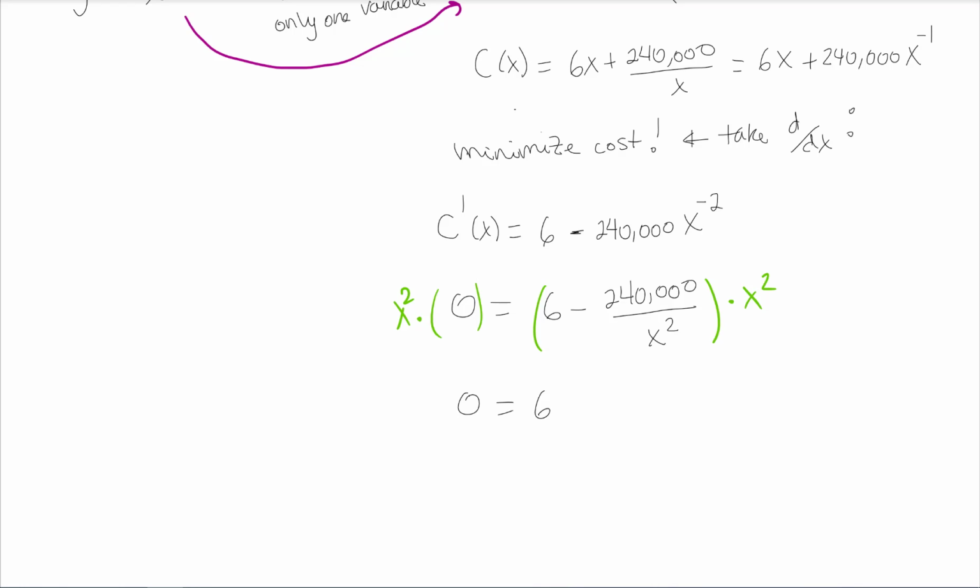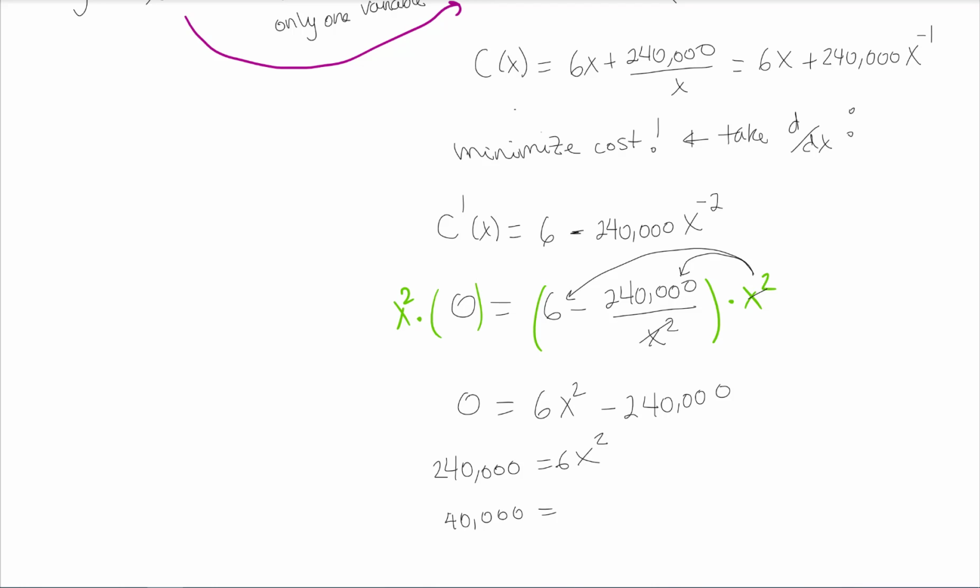When I multiply by x squared, 6 becomes 6x squared, and x squared times this, my x squareds are going to cancel. So I just get minus 240,000. And now solve. Add 240,000 to both sides: 240,000 equals 6x squared. Divide by 6, and this is just 40,000.